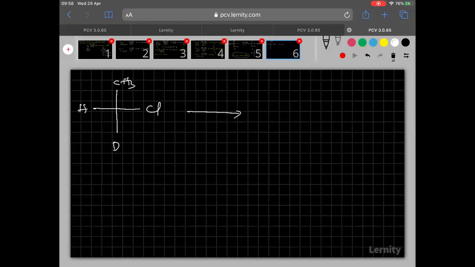This one, when treated with aqueous KOH, what is the product formed and what is the mechanism followed? Try this one everyone.